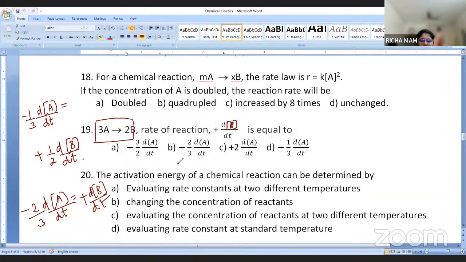So it is minus 2 by 3. So it is option number B. Got it? They are asking what is d concentration of B by dt, so we transferred this to this side. The value is minus 2 by 3.